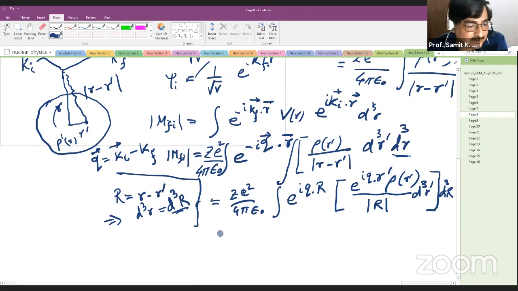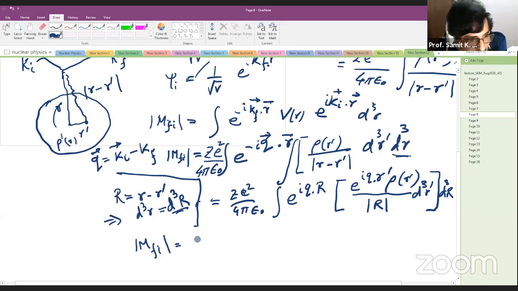So now I can rearrange this and try to calculate my M_fi. Actually, every time I have to write the mod value here, so maybe I should not write the mod here.